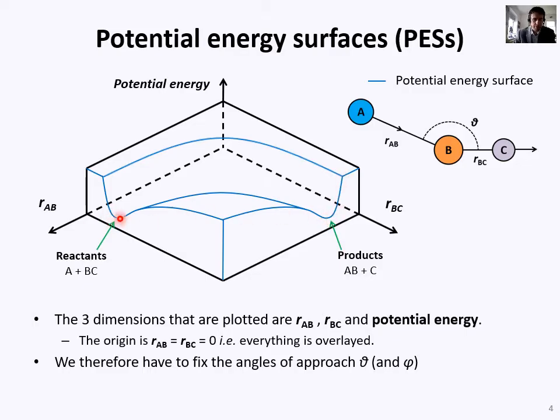And likewise here for the reactant. Here you have a big distance between A and B, so essentially A and B are not bonded. C and B are close together because we're about here on that graph, and this point here is again the equilibrium bond length. Key point here is that this potential energy surface doesn't contain any idea of this angle here.